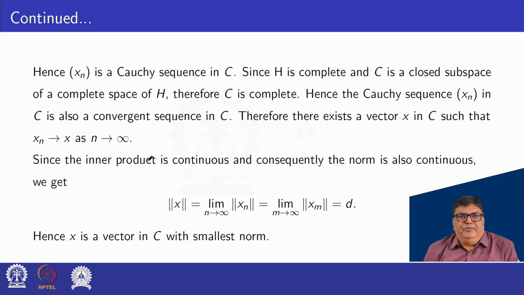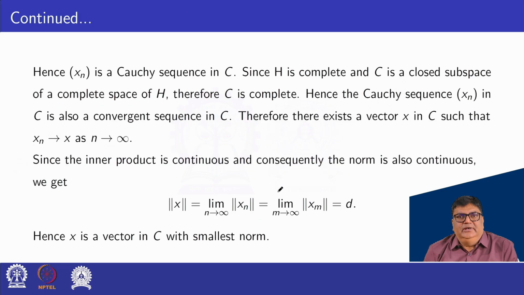Since the inner product is continuous and consequently the norm is also continuous, we get norm x is equal to the limit as n tends to infinity of norm x_n, and norm x_n converges to d.